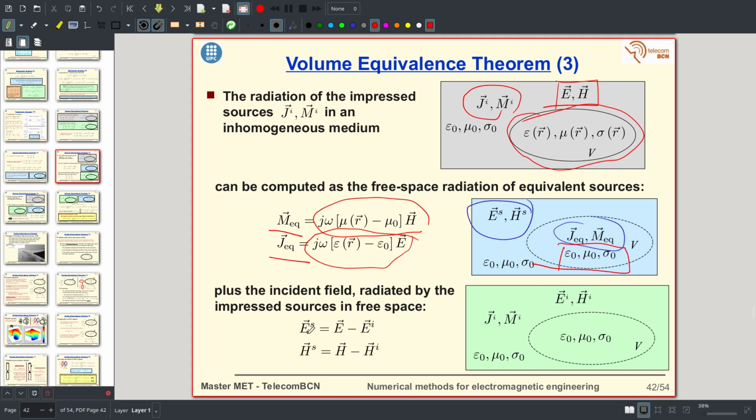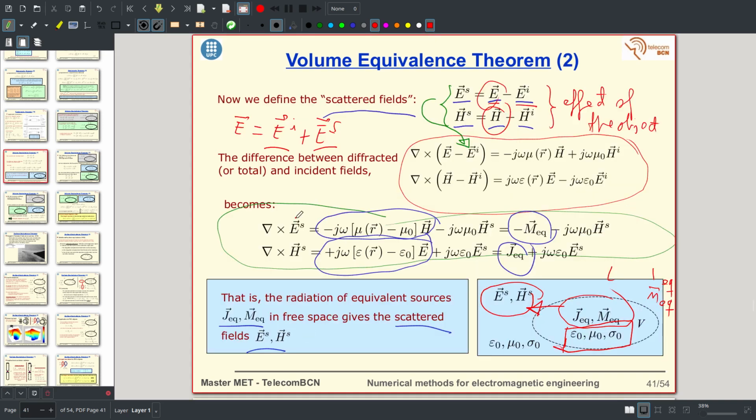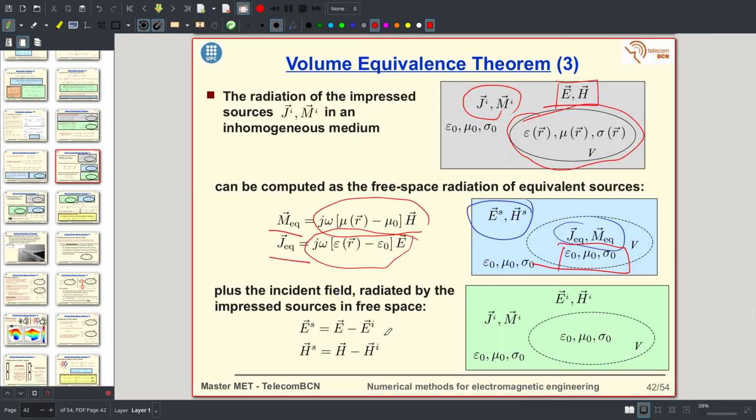And then we have to add, because remember that we got this, so the total field is the incident field plus the scatter field, we have to add the incident field. And the incident field is the field produced by the impressed currents in free space by definition.